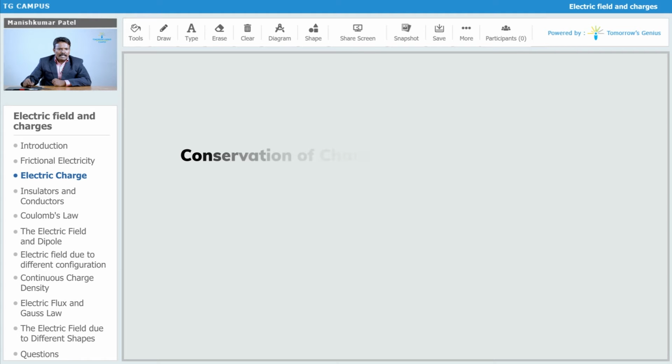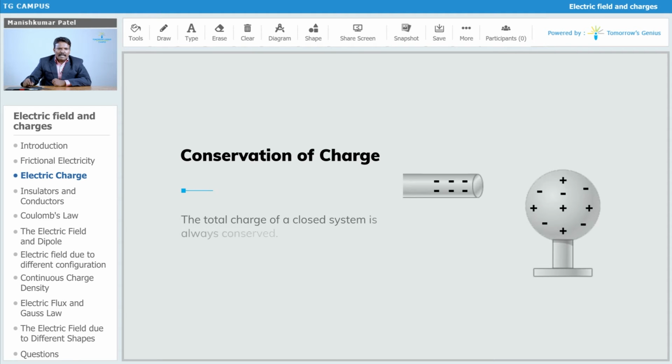Again, what do we mean by conservation of charge? The conservation of charge means that charge is neither created nor destroyed. It just gets transferred from one object to another object.